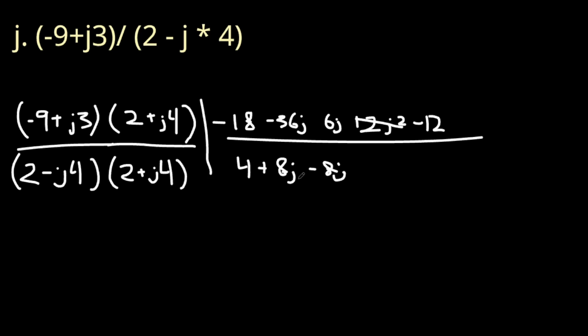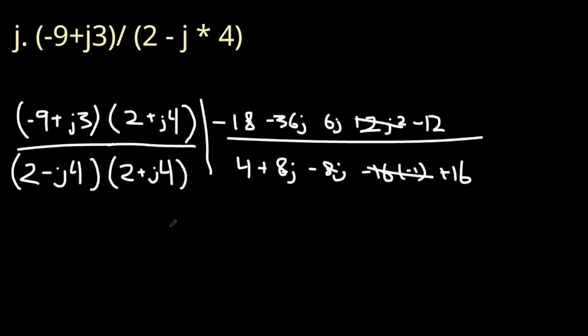And then this times this gives 4 times 4, 16, so negative 16, and j times j is j to the power of 2, which is negative 1. So this should be a positive number, positive 16.